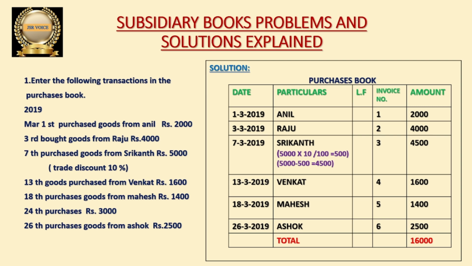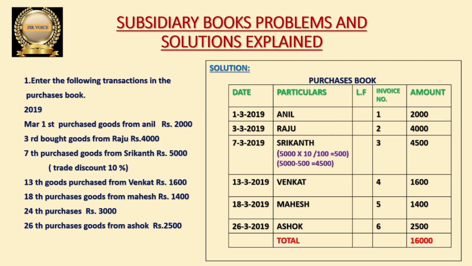So we should decide it first whether to record it or not, whether it is satisfying all the 3 points that what we discussed just now. Let us see. Purchased goods, it is related to goods, not assets. It is satisfying one condition. Next, Srikanth name is given, second condition also satisfied. And it is not cash purchases, it is credit purchase only, because cash word is not there.